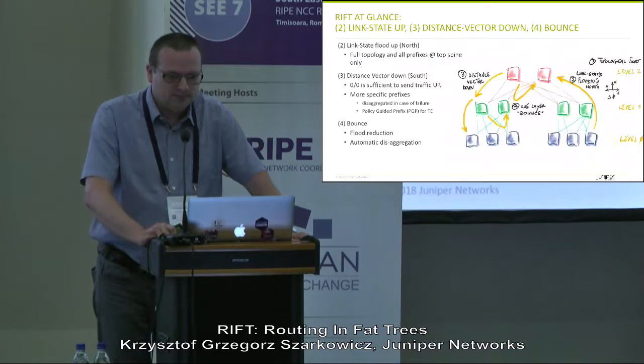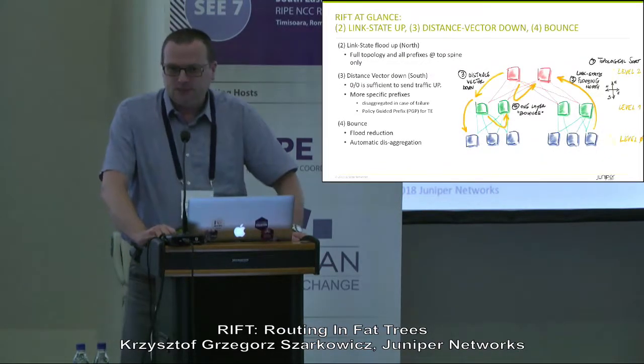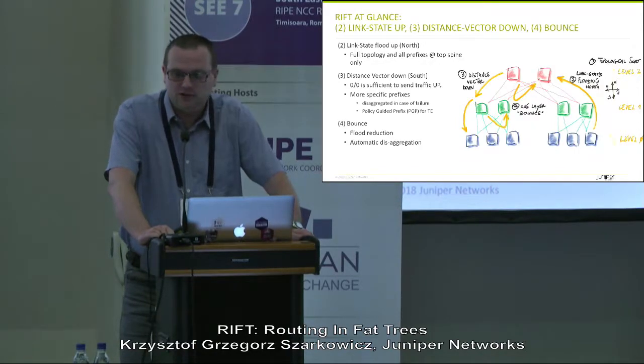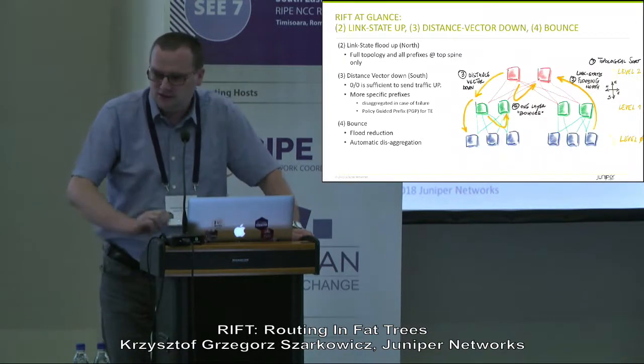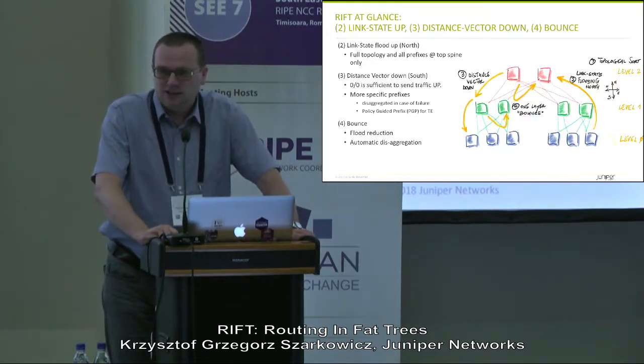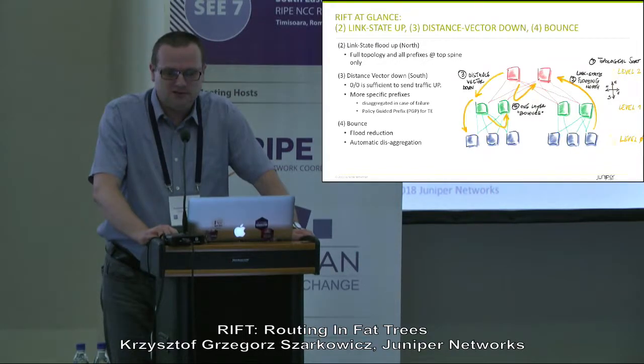All right. So basically, the idea of the Rift, as I mentioned, is to take what is the best from the link state protocols and from the distance vector protocols, forget the disadvantages, or design the protocol in such a way that we don't use the disadvantages that were present in link state or distance vector. So the new protocol is a combination of link state and distance vector.